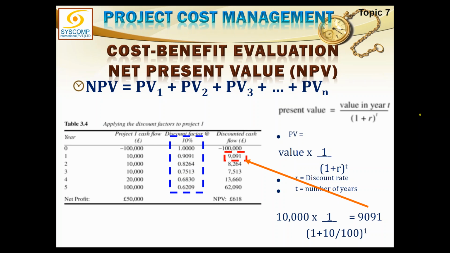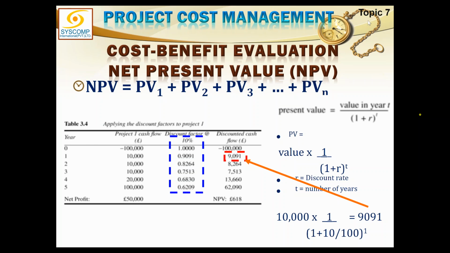I'll repeat, the investment of 100,000 I am making, how much is it worth in present value at the discount rate of 10%? 9,091 minus 100. Okay, I'll give you one more chance.